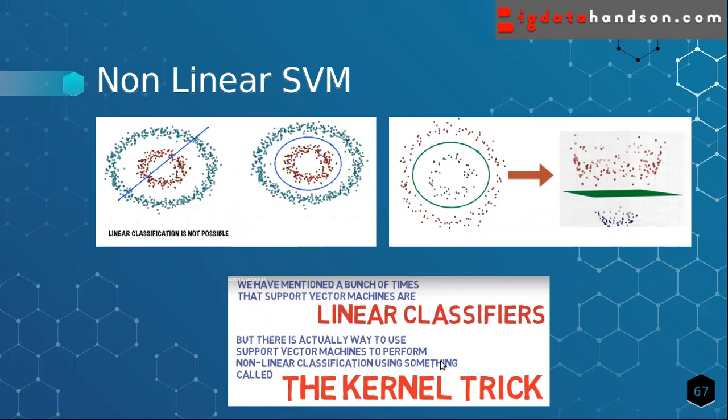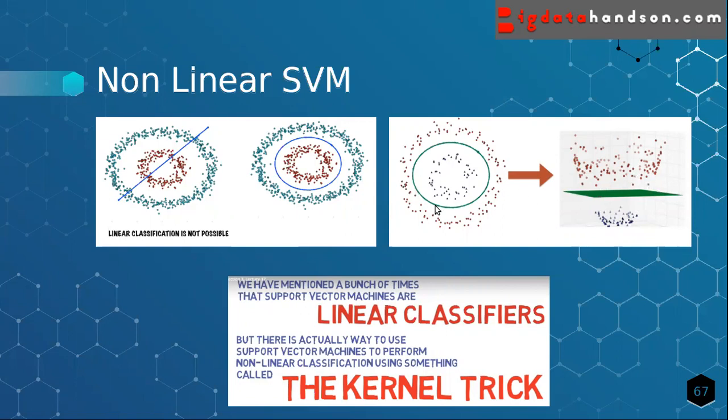In the kernel trick, let's say you have two-dimensional data. If you want to categorize non-linear data, we take it into a higher dimension like this. Now in three dimensions it's not a line, it's a plane, which we draw right here.